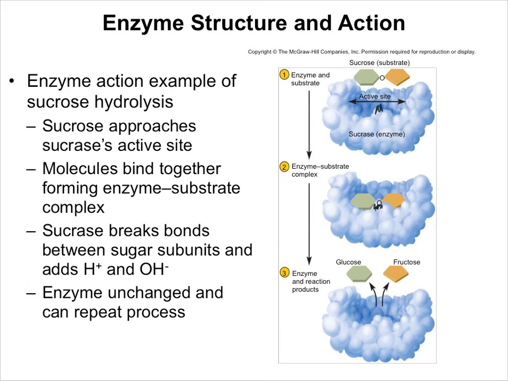Remember, hydrolysis is what separates polymers. It probably positions the water molecule in the right place. It will take the water molecule apart into the H and the OH, allowing that reaction to happen very quickly. And then the reaction happens, and the glucose and the fructose go free.